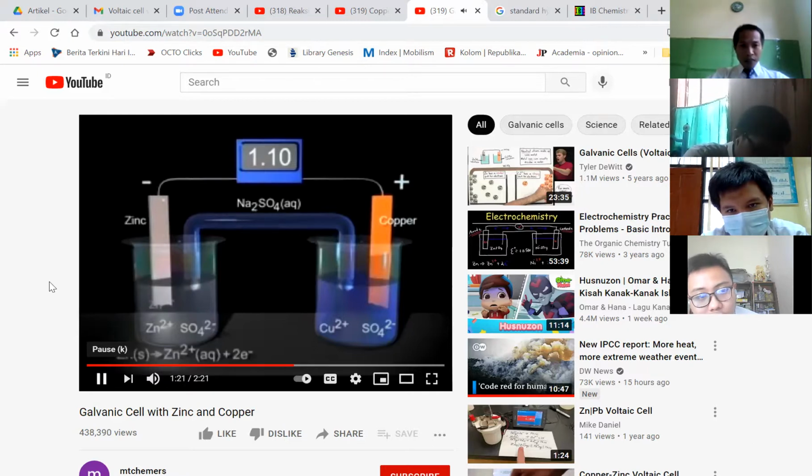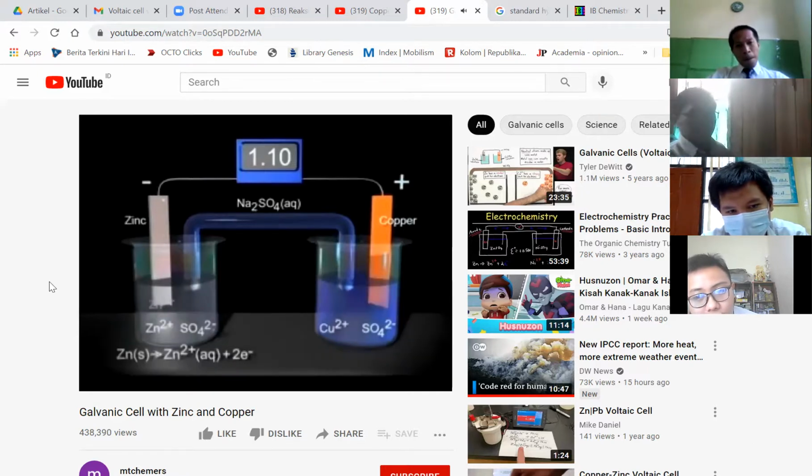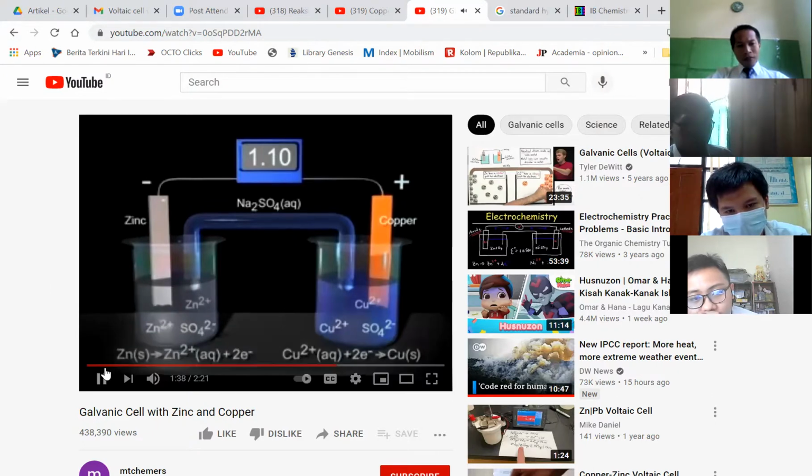As the cell reaction proceeds, zinc atoms of the zinc electrode lose electrons and move into the solution as zinc ions. At the same time, copper(II) ions acquire electrons at the copper electrode and form copper metal. The reaction in the left-hand compartment is oxidation of zinc.